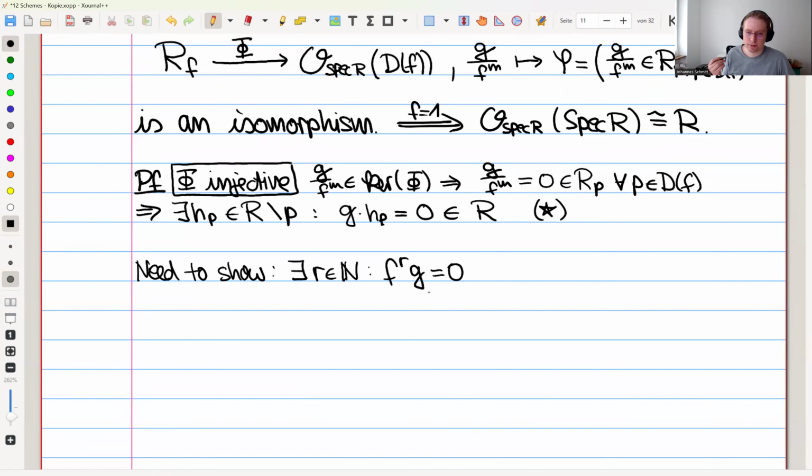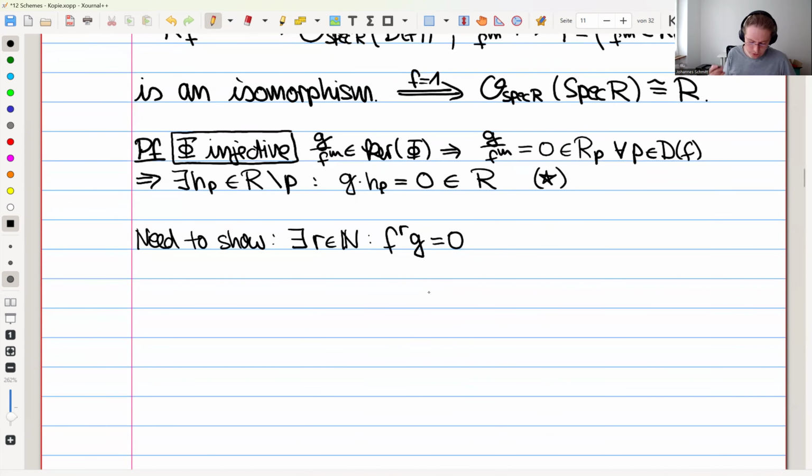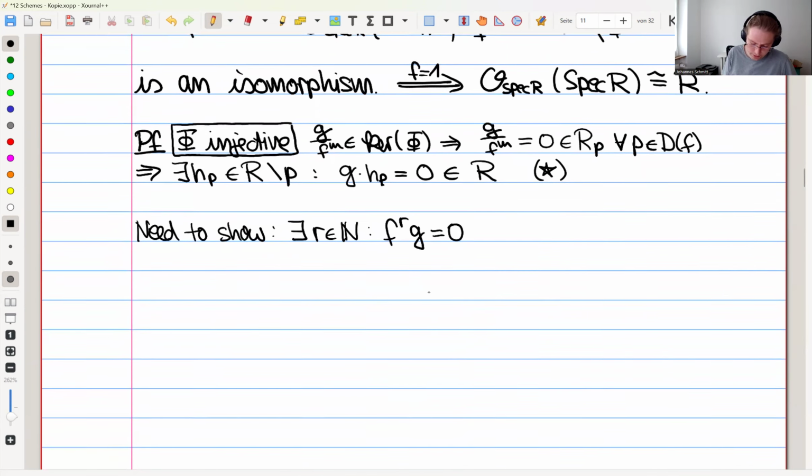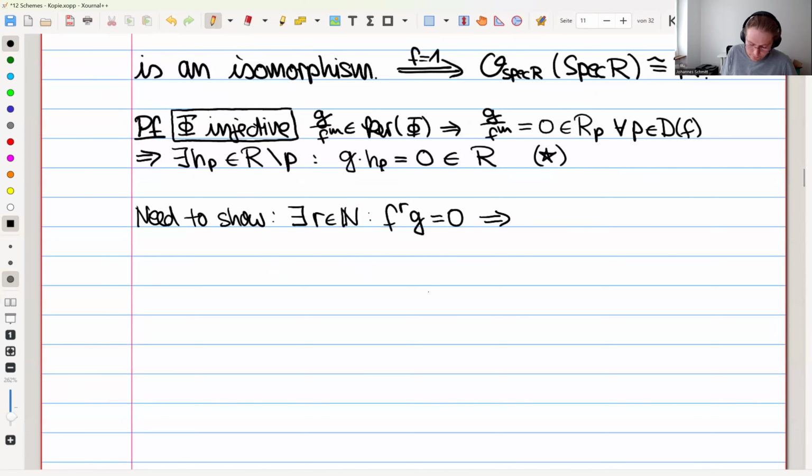The crucial extra idea here is to reformulate this. Here you see these are things of the form where you have some elements in R which multiplied with G give 0. And there's a name for this.